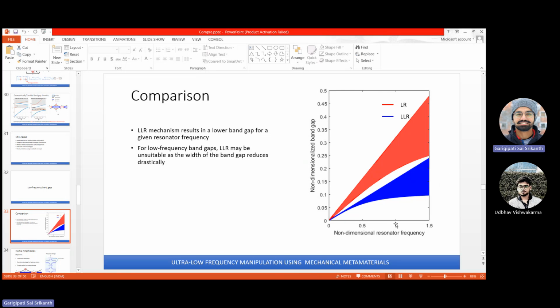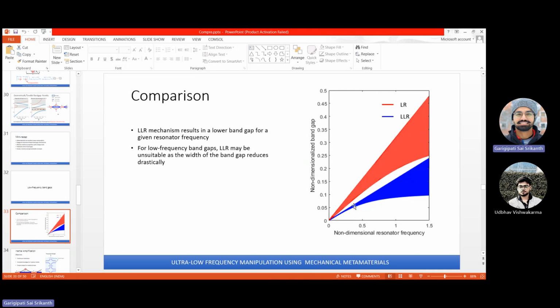Similarly, when the resonator frequency is decreased, then we see that the band gaps get narrower. So as the resonator frequency goes low, the band gap goes narrow.